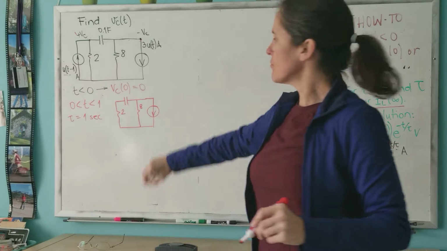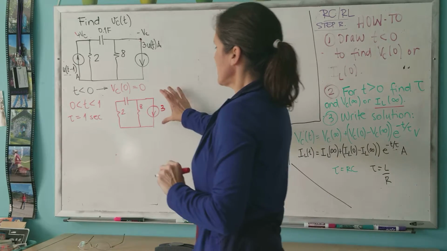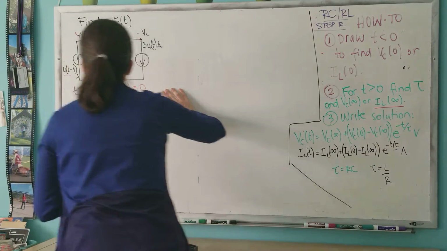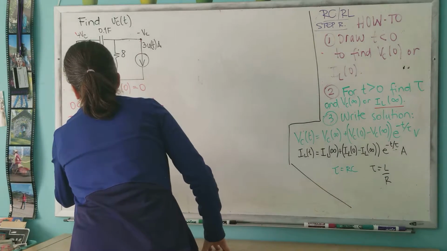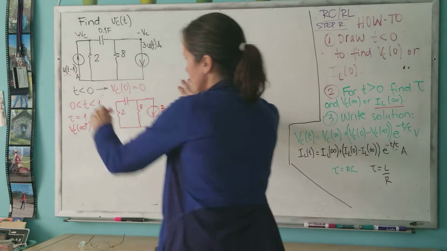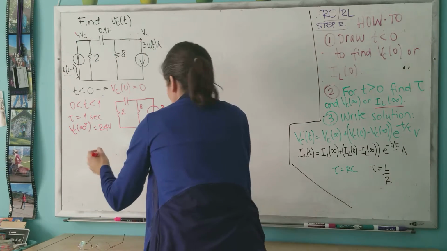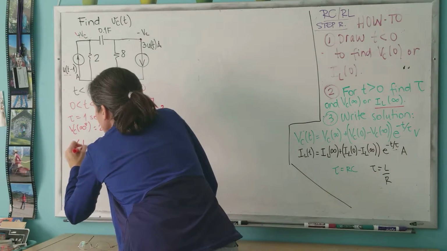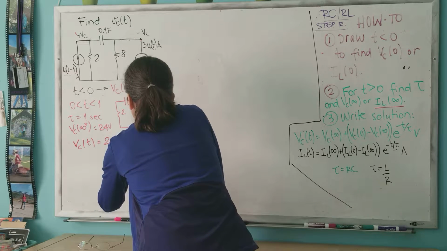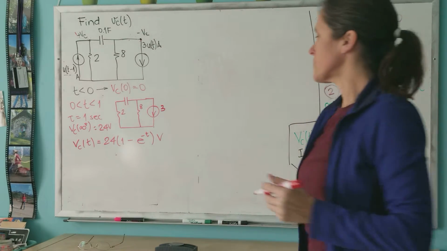We also found the voltage across the capacitor for t tending to infinity for this circuit, in principle, to be 24 volts because it's 3 times 8, 24, and we wrote the final equation only for this part without considering this one to be Vc of t equals 24 times 1 minus e to the minus t volts. This, in this case, is only valid until t equals 1.